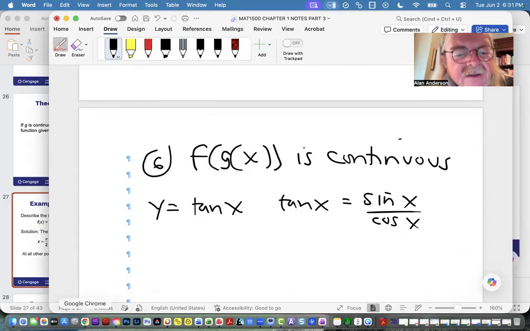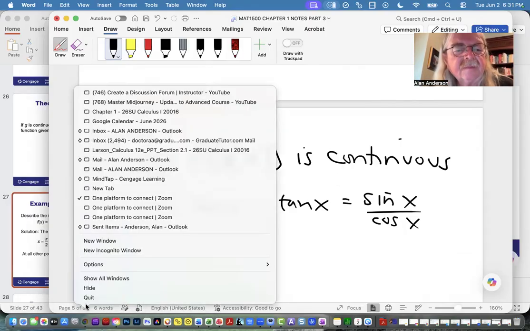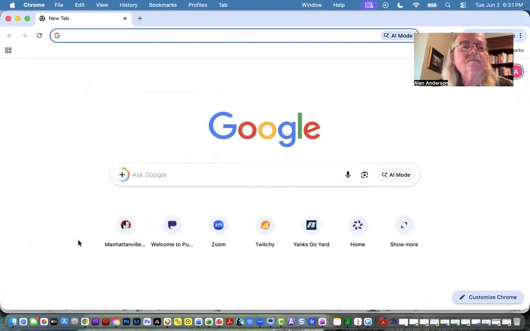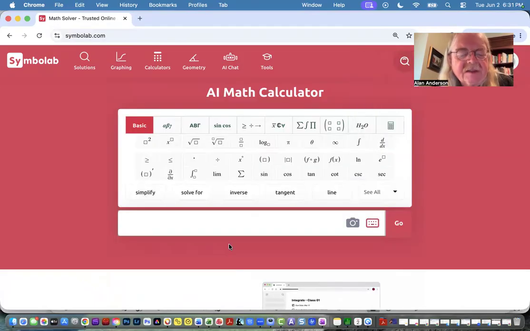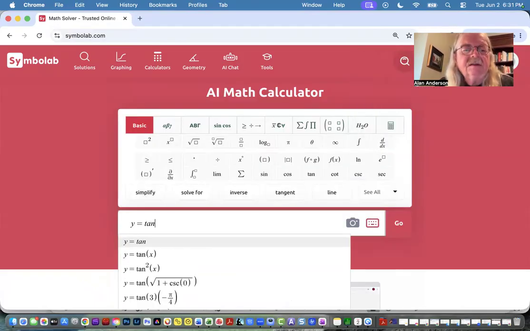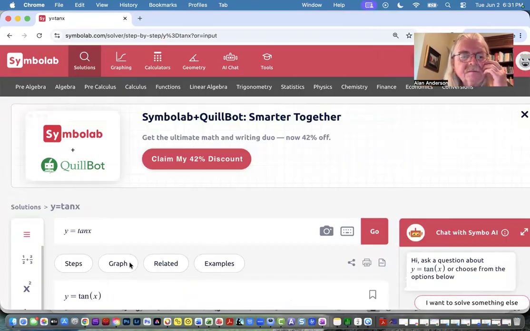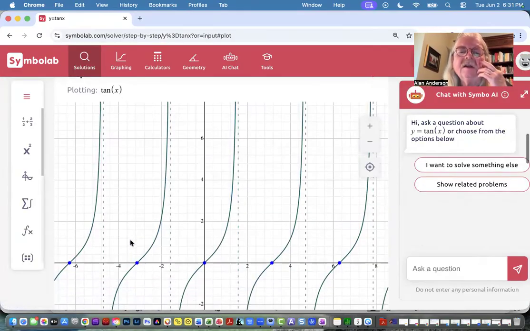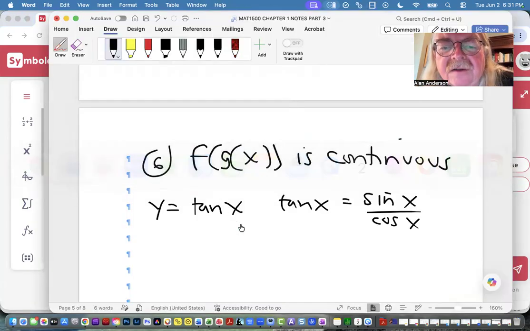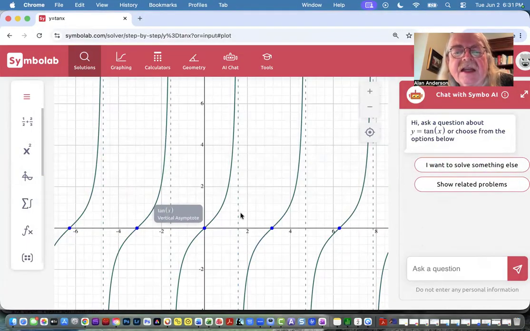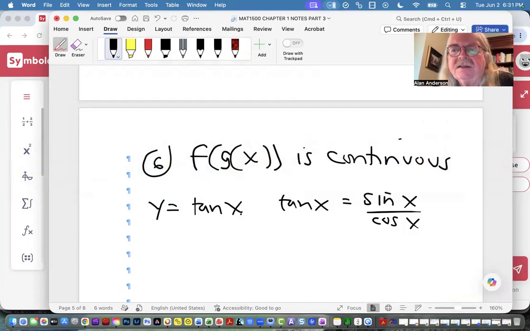And in fact, if we go back to Symbol Lab, we can take a look at that one more time. All right, here we go. So let's take a look at the graph of the tangent of x. Oh, yeah, that's right. Look at all those asymptotes. So wherever that occurs, of course, the function is discontinuous, but it is continuous everywhere else. Okay, so it's only at those asymptotes that it's discontinuous.